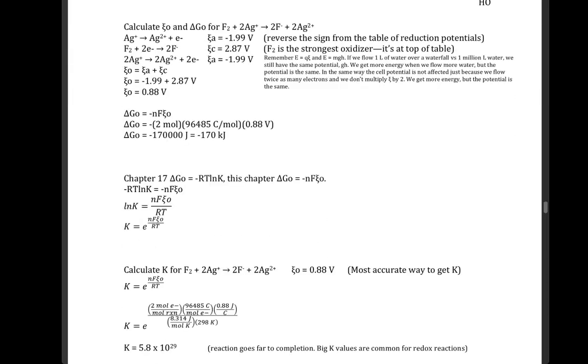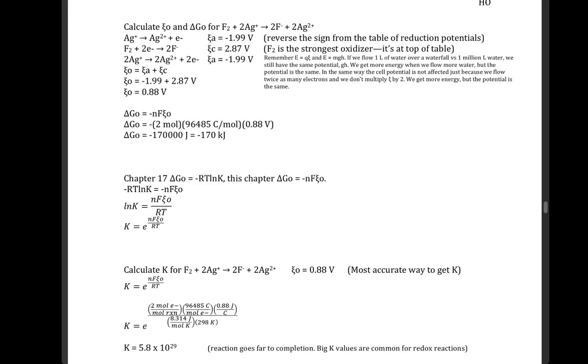Alrighty, so here's an example. Calculate the potential and delta G at standard conditions for the reaction F2 plus 2 Ag plus yielding 2F minus plus 2 Ag2 plus.